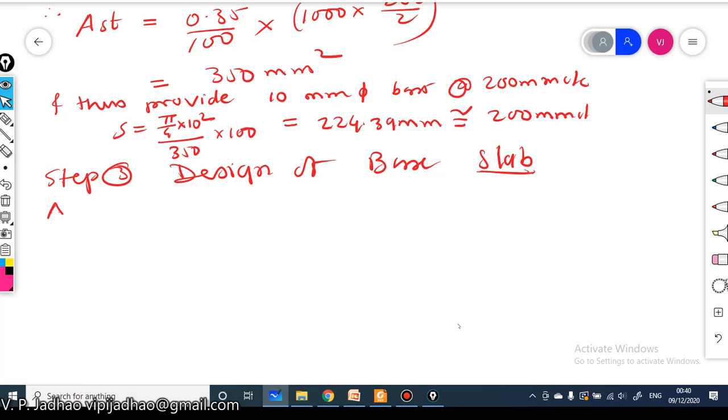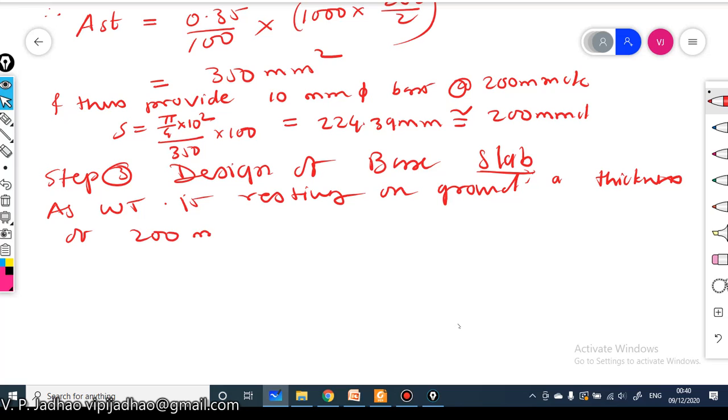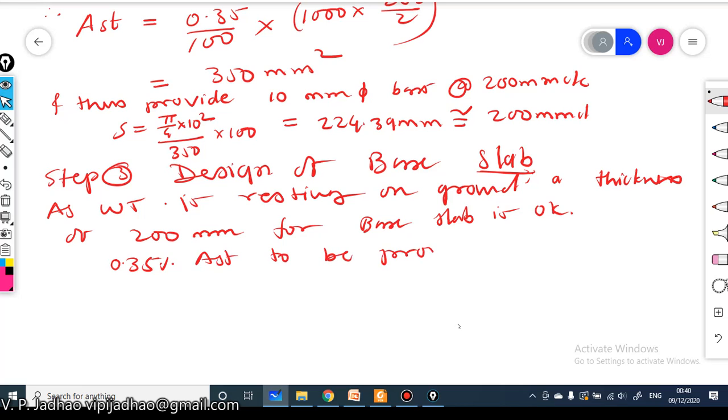So as the water tank is resting on ground, a thickness of 200 mm for base slab is okay. And the AST provided should be again 0.35% AST to be provided, of cross sectional area.